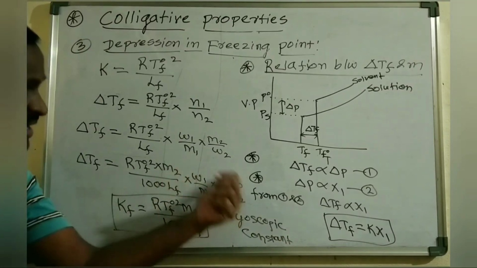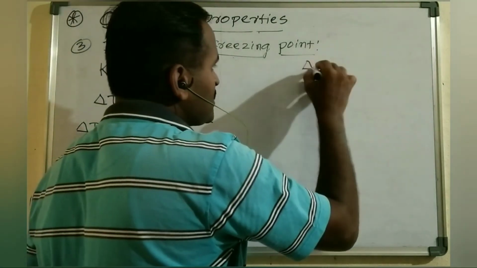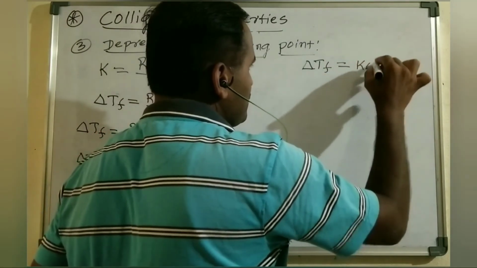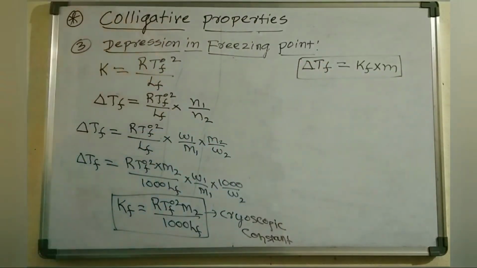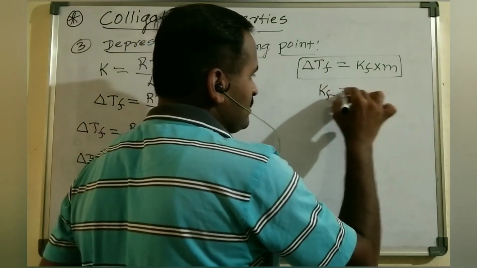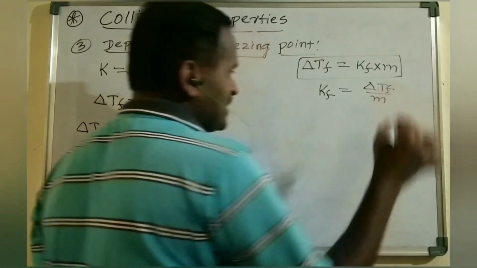This whole term is the molality, right? Delta TF equals KF into molality, small m. This is the relation between the molality and the depression in freezing point. And you can make KF the subject of the formula here: delta TF by m.